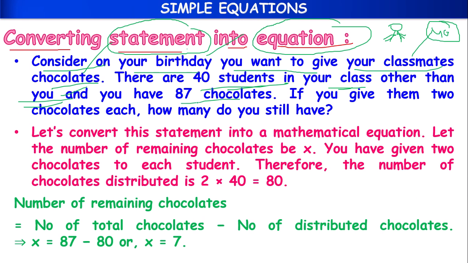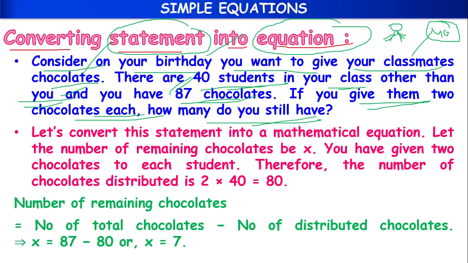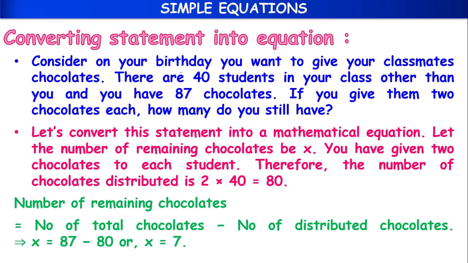And you have 87 chocolates. Total chocolates you are having is 87. So if you give them 2 chocolates each, how many do you still have? Apart from you, there are 40 students in your classroom and you have 87 chocolates.